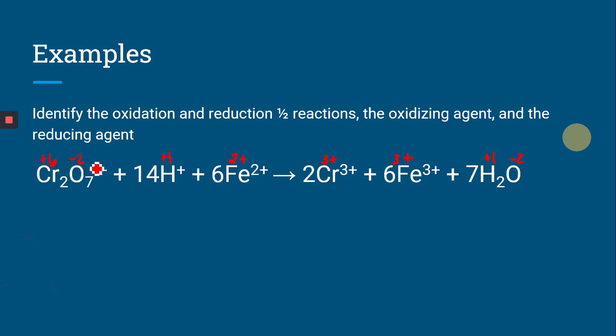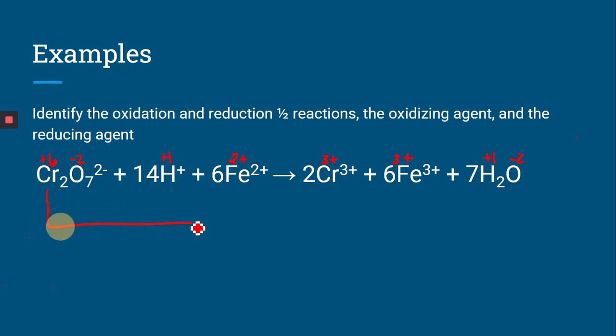So oxygen we can see is a -2 on the reactant side, but it remained a -2 on the product side. So it is not the element that's being oxidized or reduced. However, we can see chromium is going from a +6 to a +3. Therefore, chromium's oxidation number is changing.